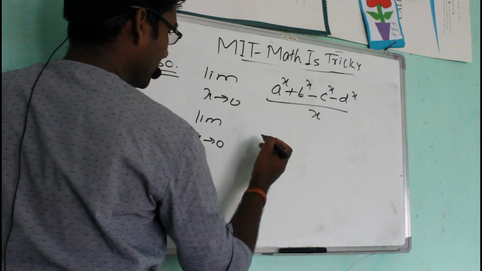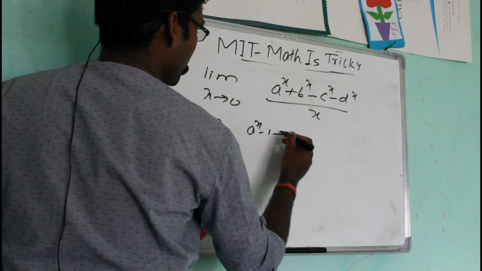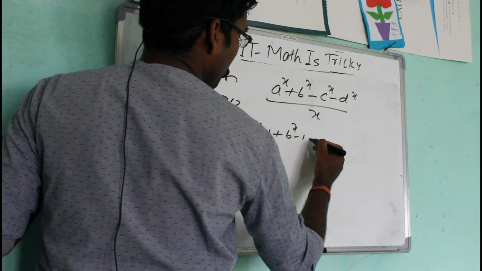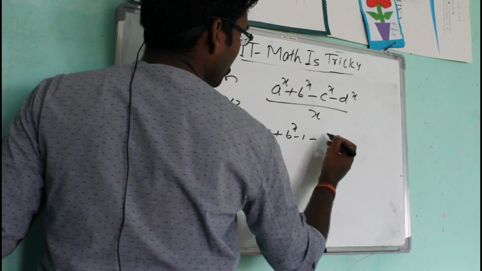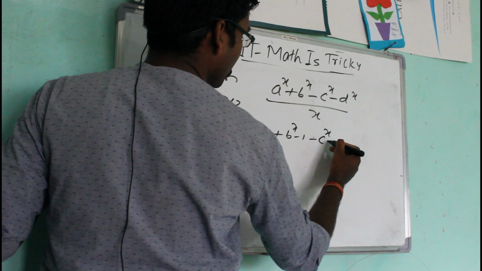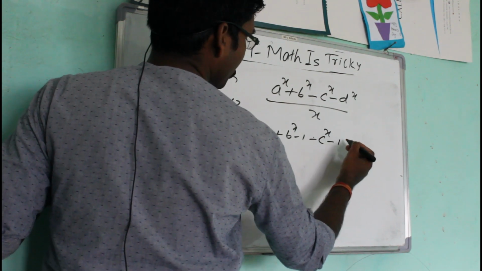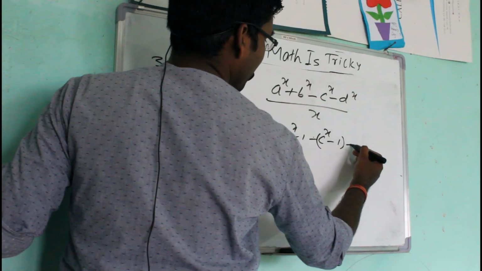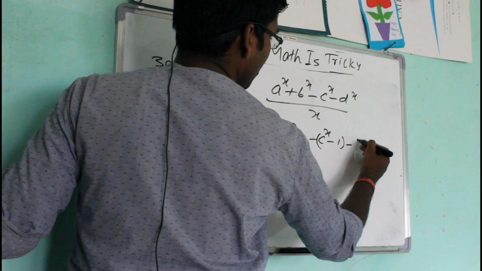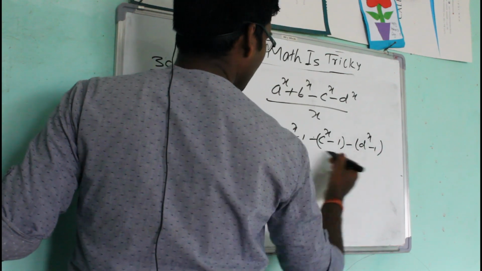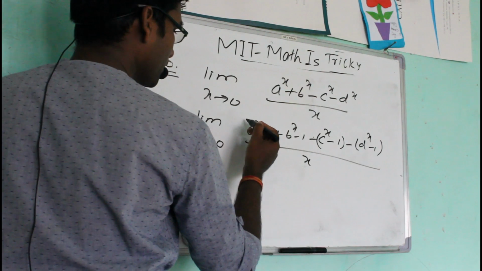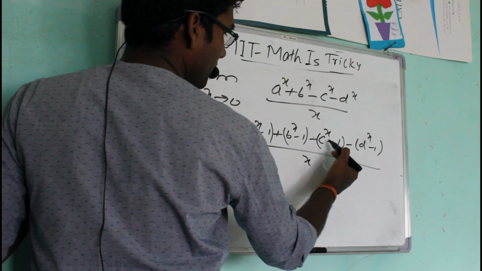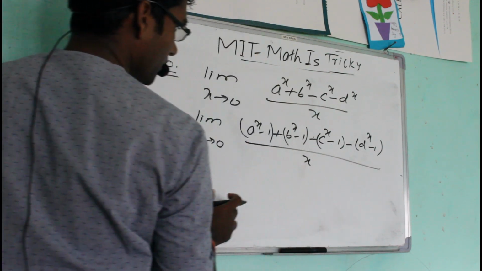Let me write here: a^x - 1 plus b^x - 1, then minus c^x - 1, and minus, common, d^x - 1, all by x. So you can see here it is already balanced. Minus 1 minus 2, so minus minus plus 1, and plus 1 plus 2 we are getting.